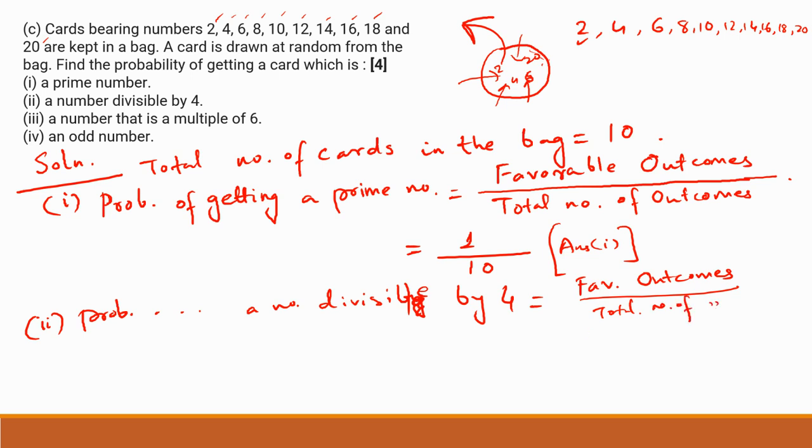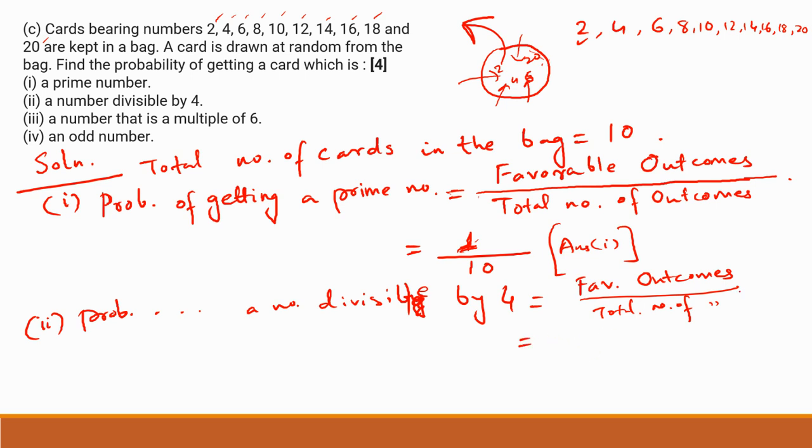I always write whatever I know. If you know the definition clearly, you can just directly write 1 by 10, and probably your teacher will give you marks. He or she should give you marks, but if he or she cuts marks, I don't know, right? So it's always better in boards to write favorable outcomes by total number of outcomes, just to be on the safe side. That's all I can tell you.